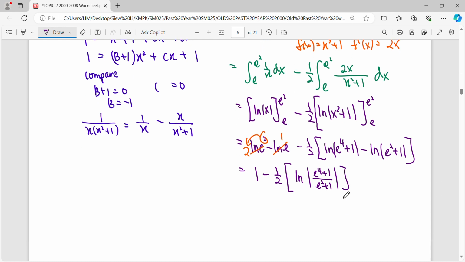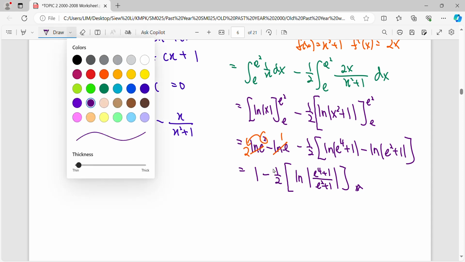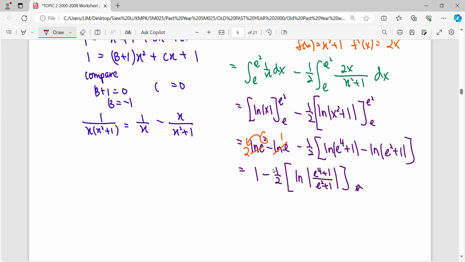So this is your final answer already, but if you want to get the pattern in your final answer, this is positive, right? In your final answer at the sheet at the back here, this is positive, right? So how to get to that pattern? You inverse this.